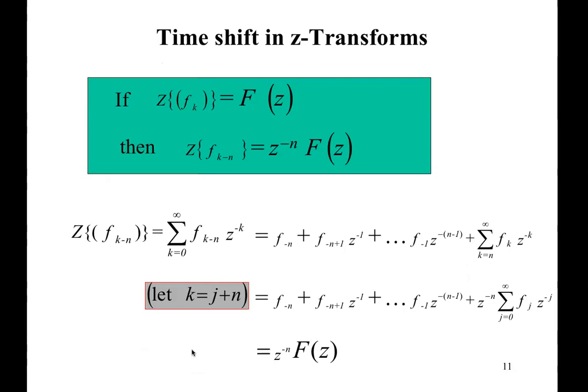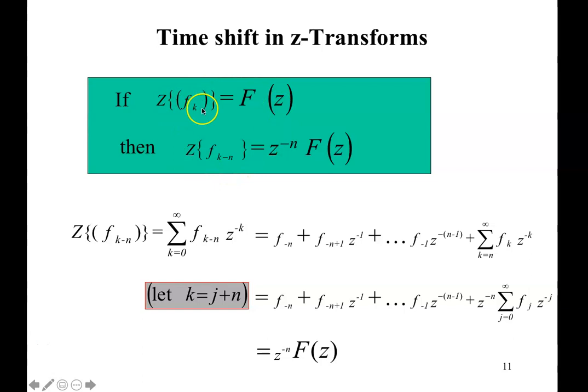And time shift, that's something I already explained at the beginning when I introduced the definition of zTransform. So if I have a sequence f(k), this z here means apply the zTransform to f(k), I get F(z).